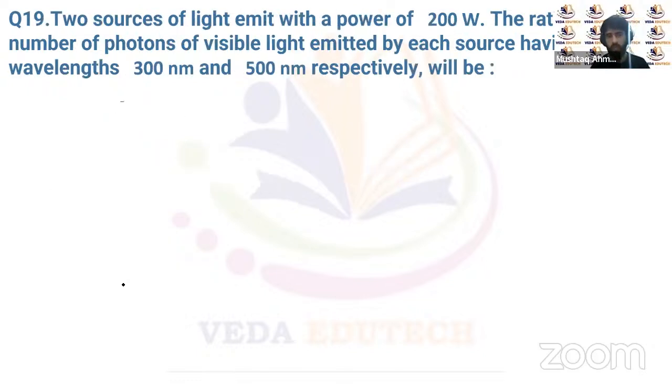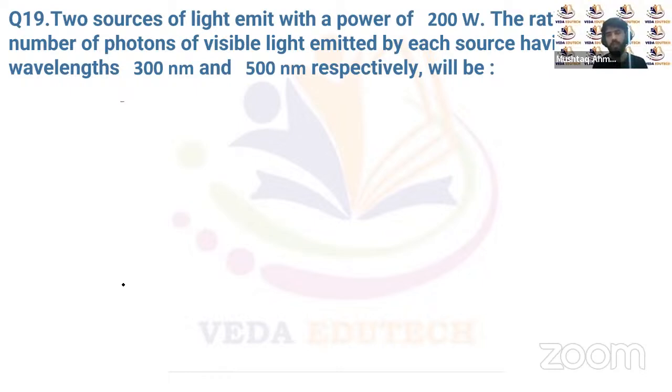Moving to question number 19: two sources of light emit with a power of 200 watt. The ratio of number of photons of visible light emitted by each source having wavelengths 300 nanometer and 500 nanometer respectively is? Each of these sources has 200 watts.